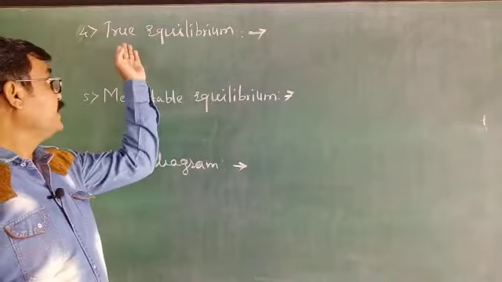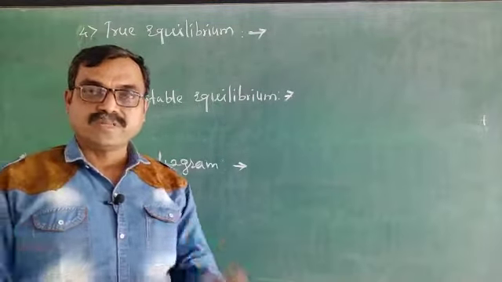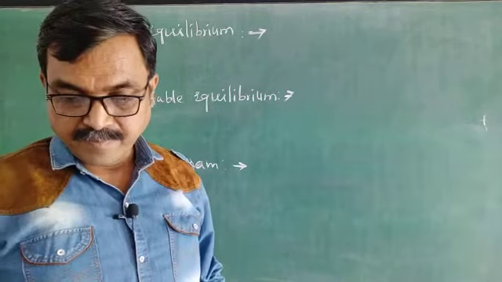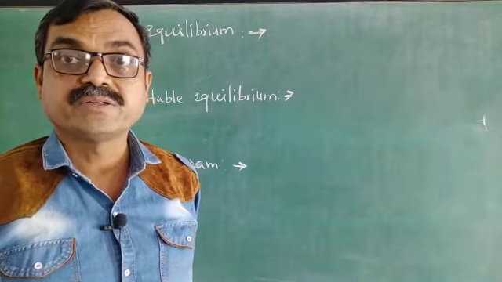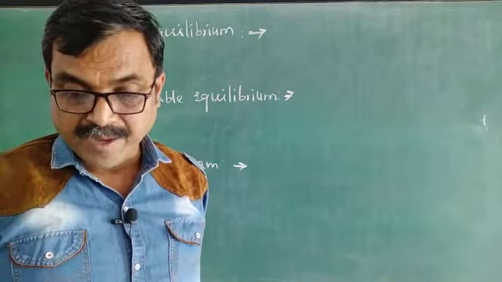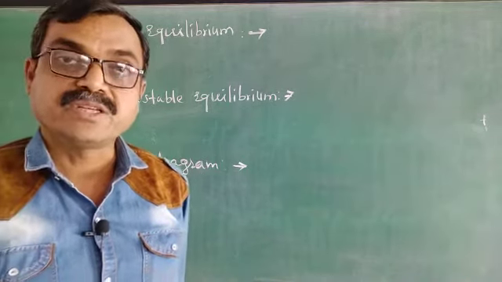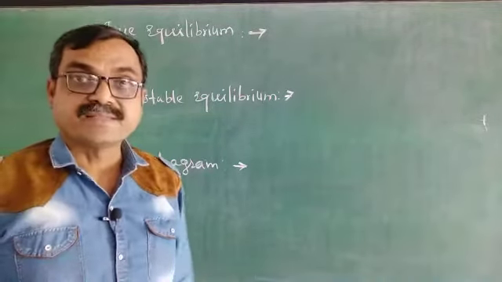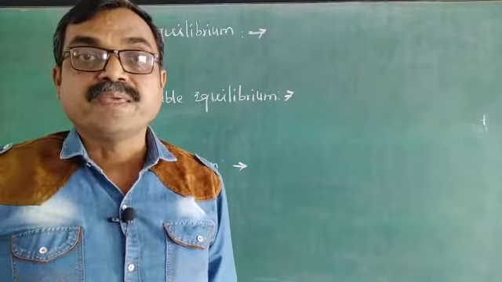Next point is the true equilibrium. What is meant by true equilibrium? If any system is considered, whether solid, liquid or gas, and the same state is obtained by approach from either direction, then we can say that the state of true equilibrium is obtained.